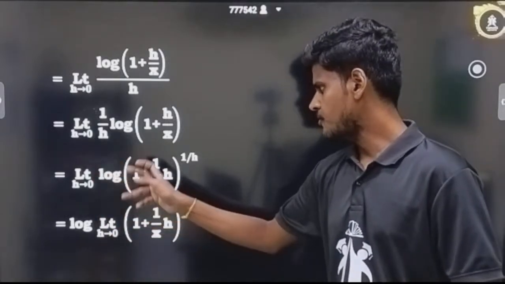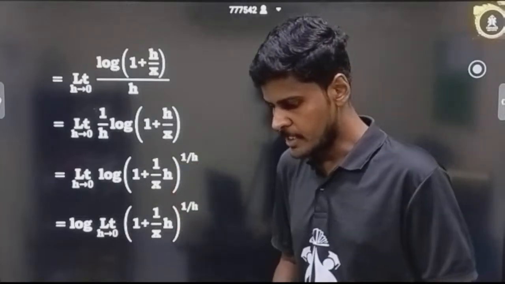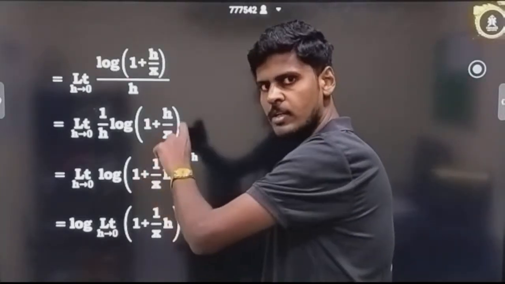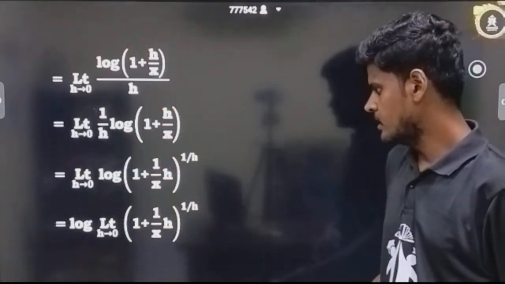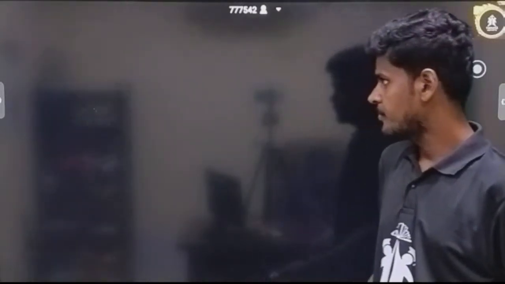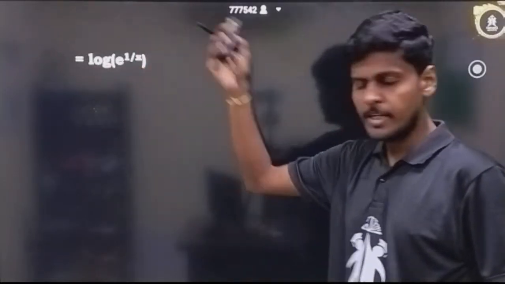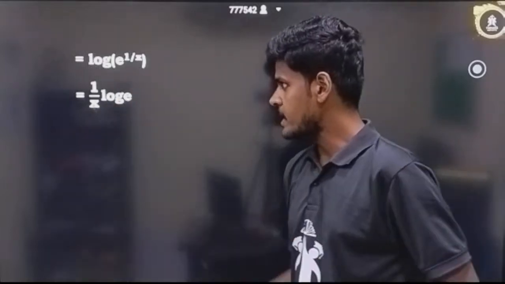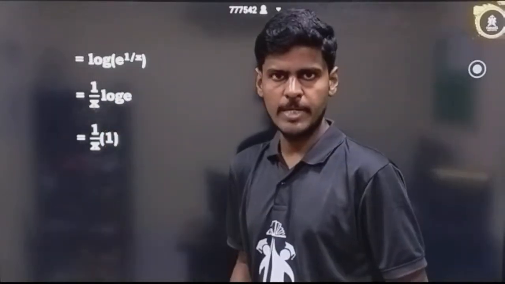Limit of log of 1 plus 0 power infinity. 1 power infinity term value is e, and whatever is there near that will come into the power of e. So this is nothing but log of e power 1 by x, which is nothing but 1 by x log e. So value is 1 by x.